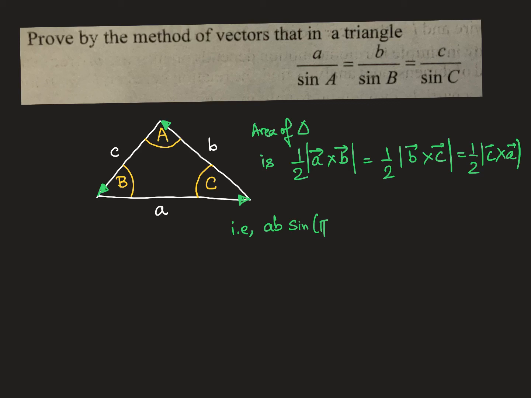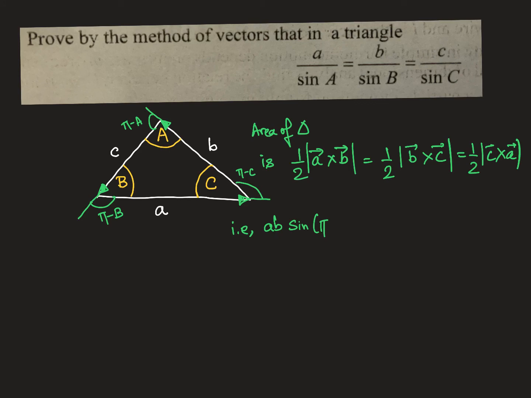The angle between A and B is actually pi minus C. The angle between B and C is pi minus A. The angle between C and A is pi minus B.